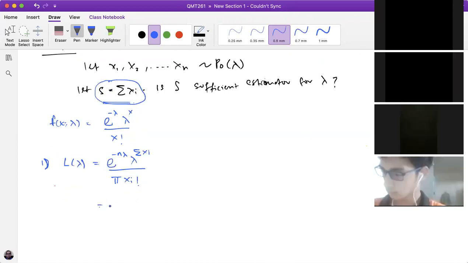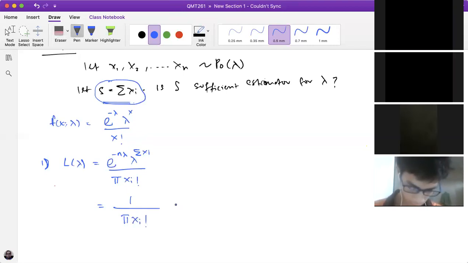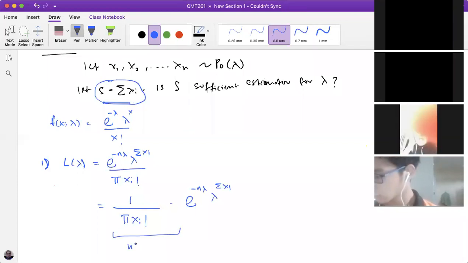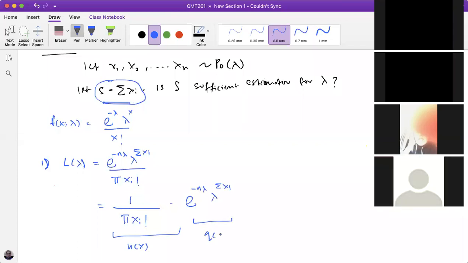So now if we can factor this function into the variable and the parameter, then this estimator is sufficient. So we put the parameter on one side. Let's say this is the variable, the constant, on one side. Another one is negative n lambda, summation of xi. So this one is h(x), and this is q(lambda).